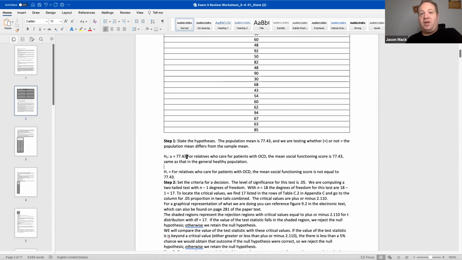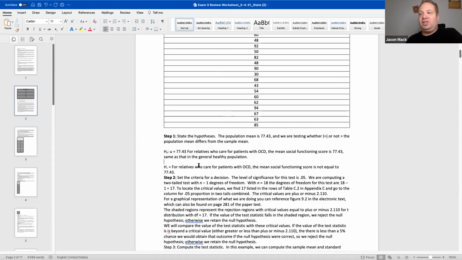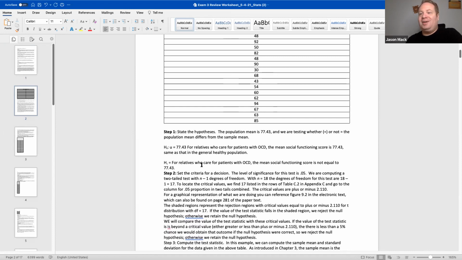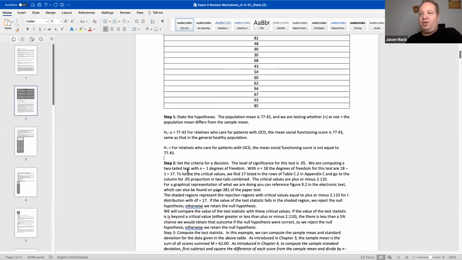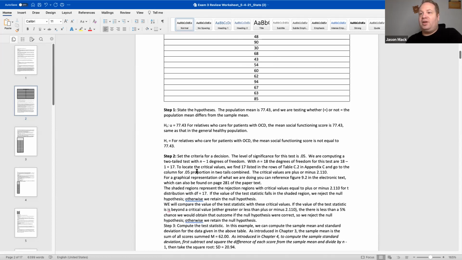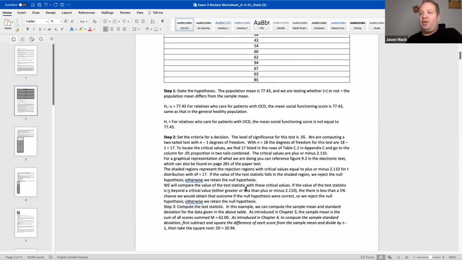The interpretation of the inferential statistics on that means that for relatives who care for patients with OCD, the mean social functioning score is 77.43, the same as that in the general healthy population. Your alternative hypothesis is that for relatives who care for patients with OCD, the mean social functioning score is not equal to 77.43.